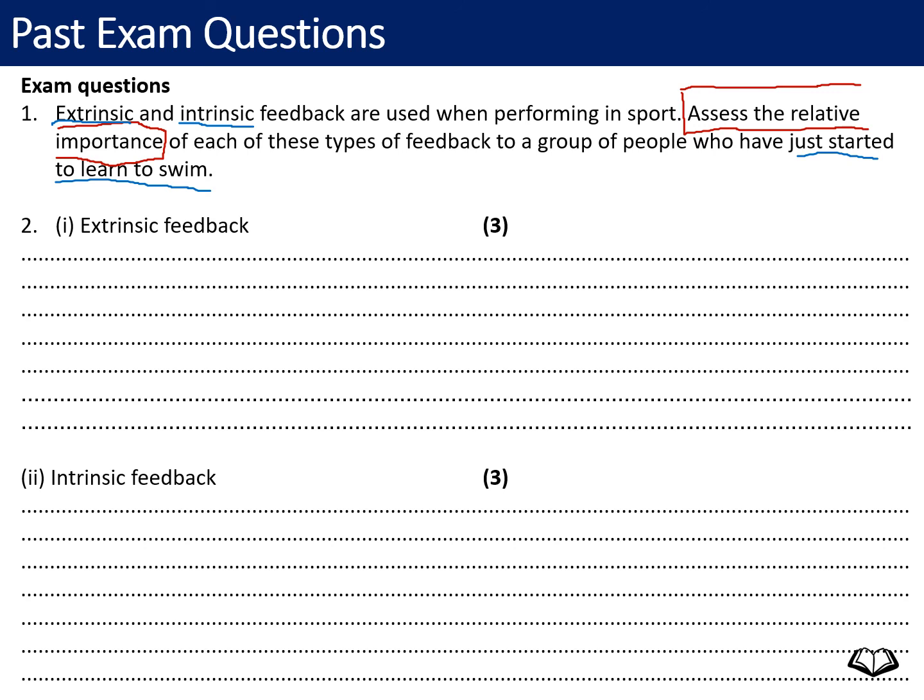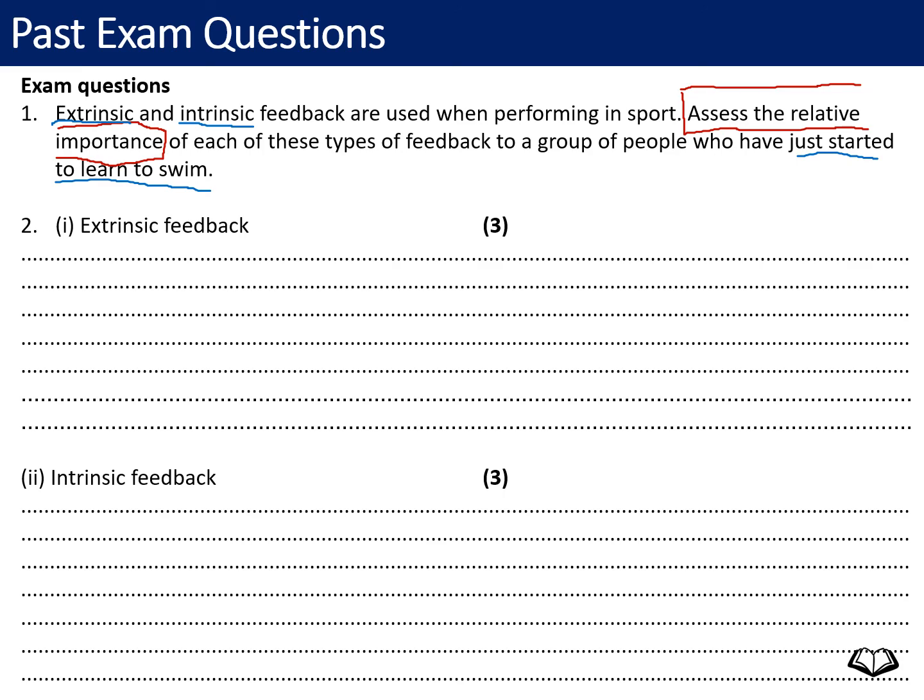So when we ask ourselves which is going to be more important, straight away we think, coming from an outside source, this feedback is going to be more impactful. So we know we're going to say that extrinsic is more important. Now I'm just going to show you how I modeled out the extrinsic paragraph, and then I'm going to ask you to try and do the intrinsic feedback paragraph itself.